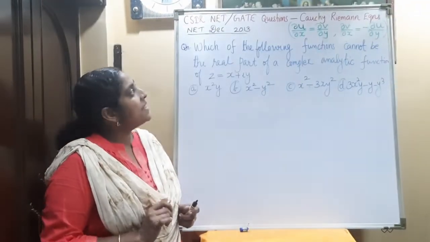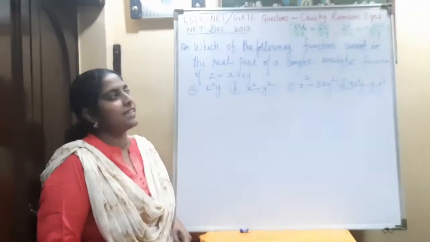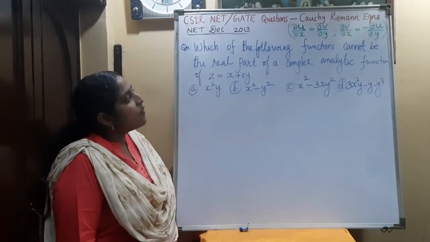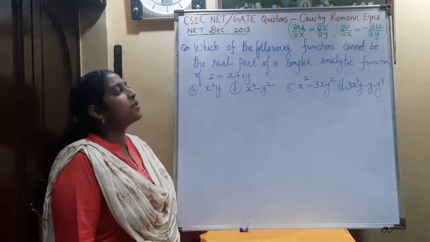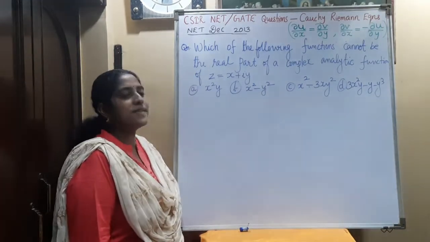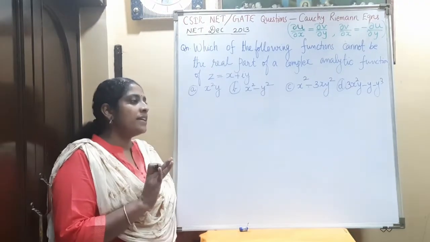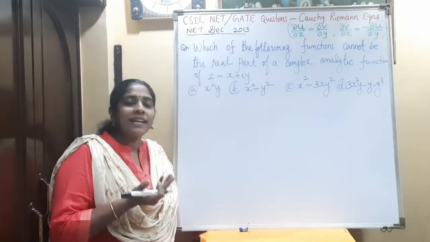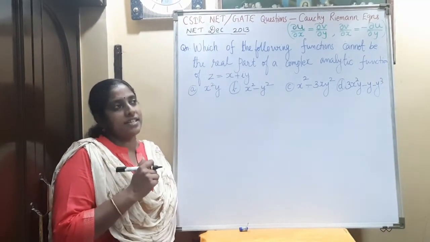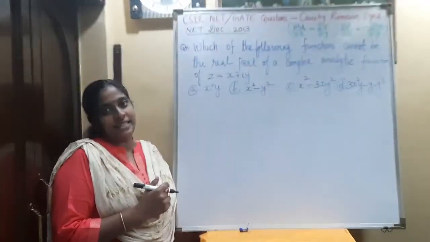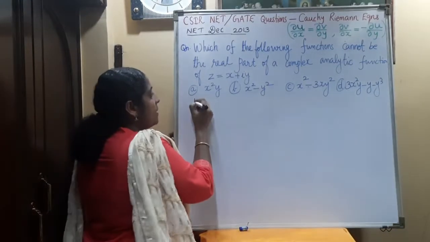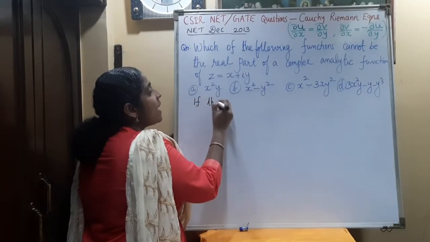Next question, asked in the December 2013 CSIR NET examination. The question is: which of the following functions cannot be the real part of a complex analytic function of Z equal to X plus iY? Here we can apply the concept of harmonic functions. We have seen that if a function is analytic, the real part and imaginary part obey the Laplace equation.